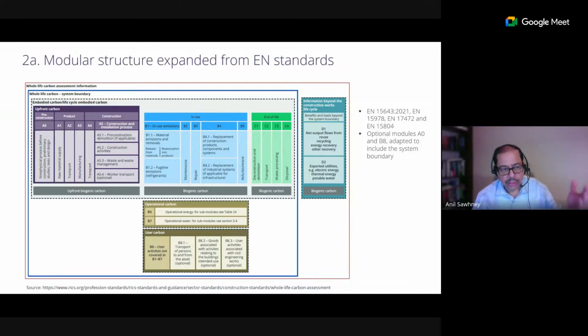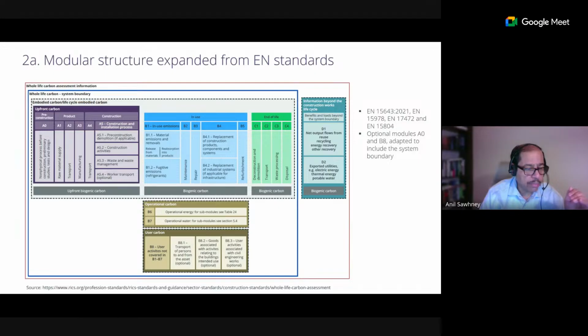If you're applying plaster, there is some waste factor for ceiling, for walls, paint, the same way. A5.4 is for all your worker transport. This is again generally applicable to infrastructure projects where workers are moving around from a distance into your construction site. So that's your A5.4. B1 is in-use emissions.